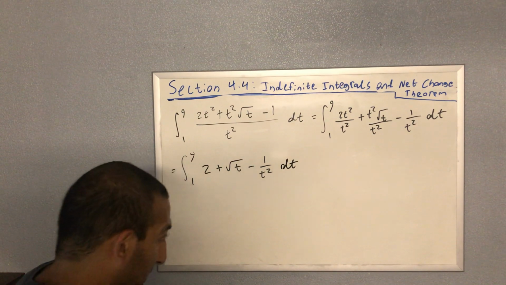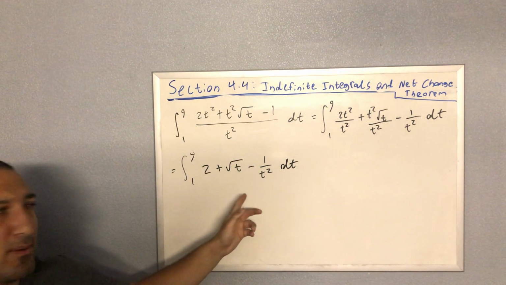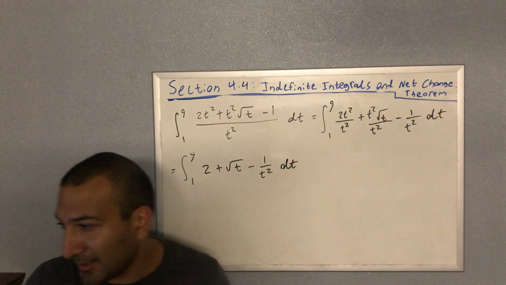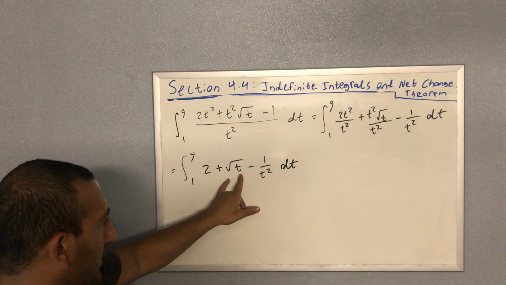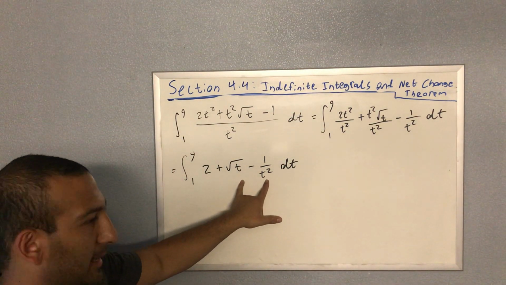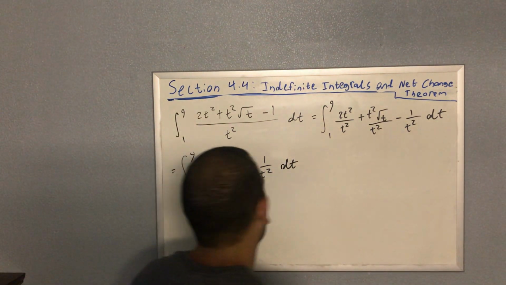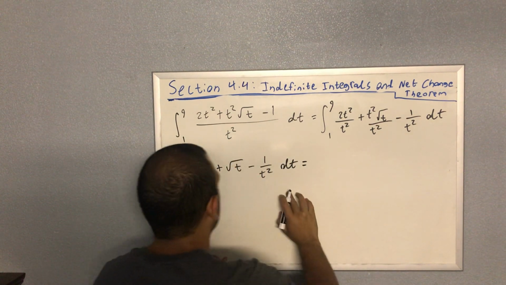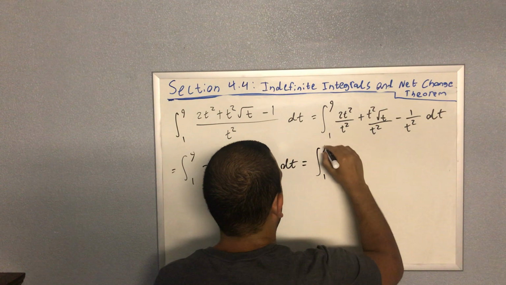And now you still may say, we never talked about how to do square roots or 1 over t squared. Like, this is some crazy stuff. But there's ways of rewriting both of these terms where it's just going to be t to some power. And then we could use the power rule. And then we can go ahead and break these integrals up because we have a sum and a difference. So the first one is just this.